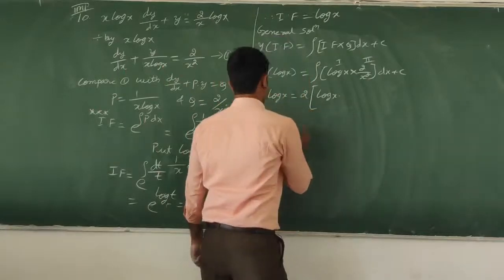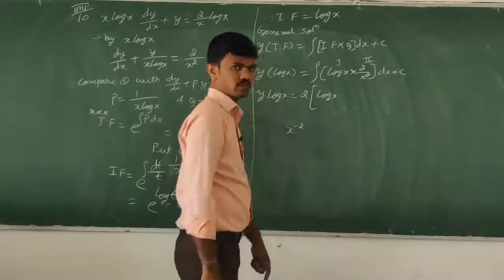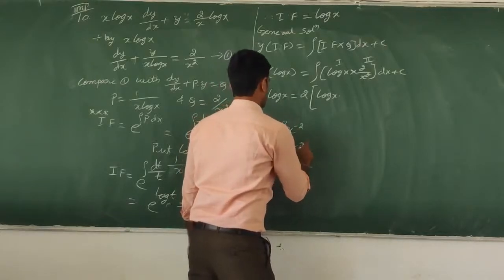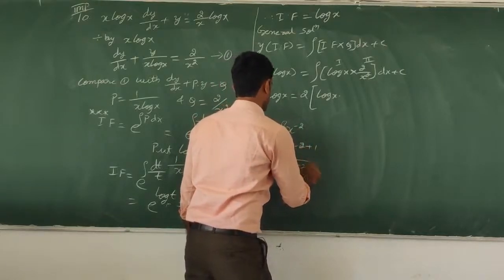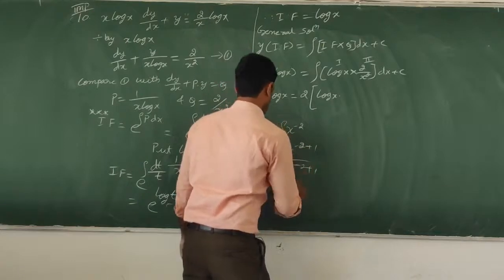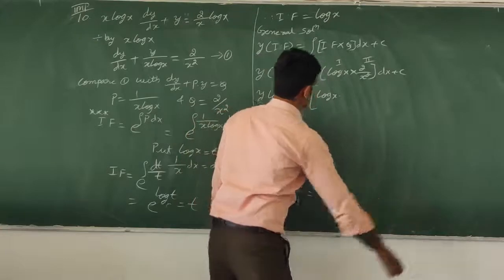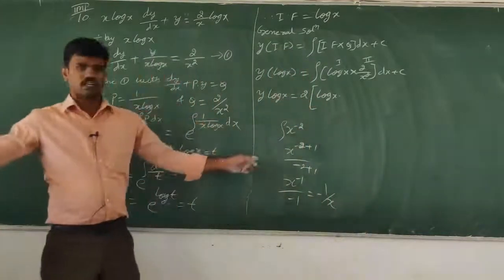See, this 1 by x square can also be written as x to the power minus 2. Integration of x to the power minus 2 is x to the power minus 2 plus 1 divided by minus 2 plus 1. Minus 2 plus 1 is nothing but x to the power minus 1 divided by minus 1. So that is minus 1 by x. Correct?